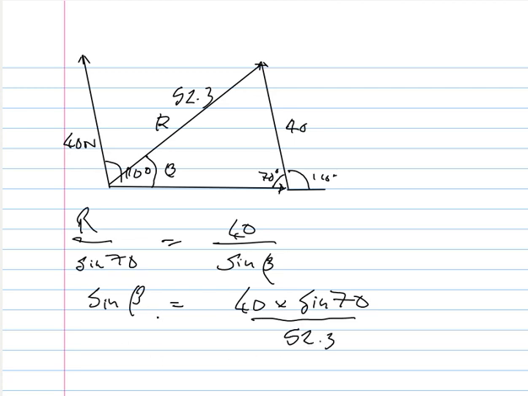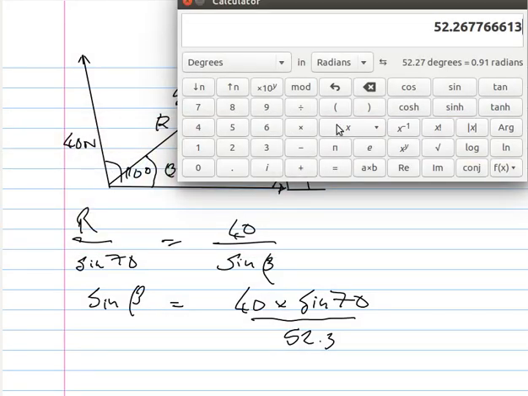So going back to the calculator, let's clear all that. We have 40 times sine 70 equals 37.5877 divided by 52.3 equals 0.71.